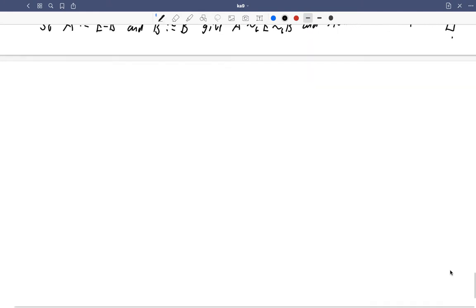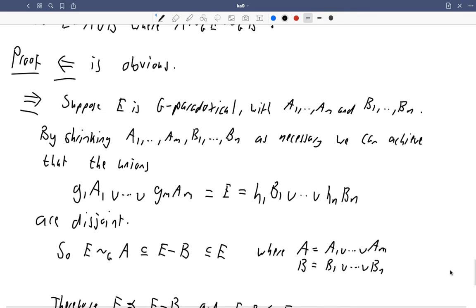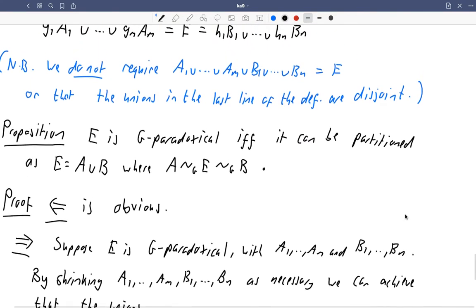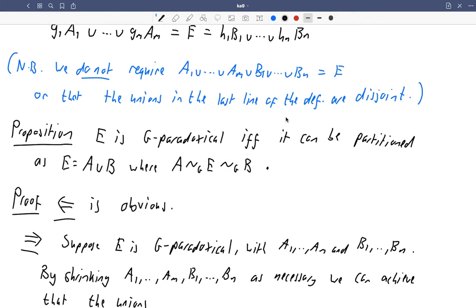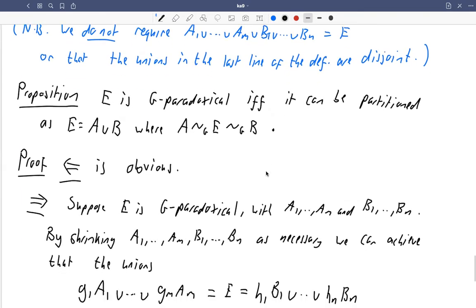So given this, we now see that, as I said, the missing points from the Schroeder-Bernstein theorem have now been, we've shown that G-paradoxicality actually implies that we have those missing points.